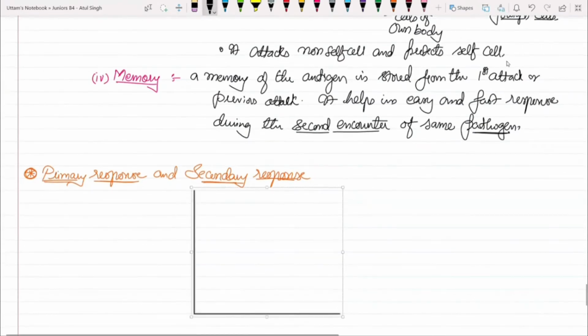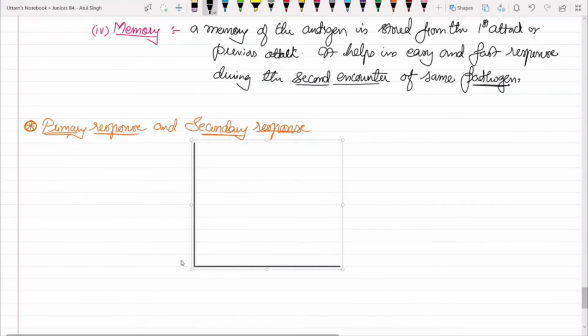So this graph is with respect to exposure, blood antibody level here, and here time.